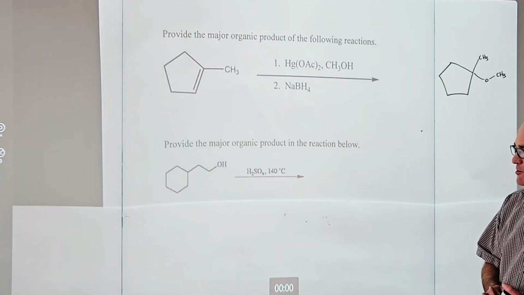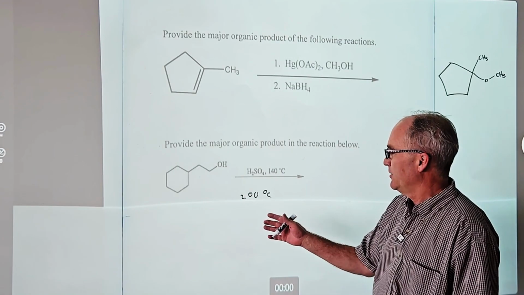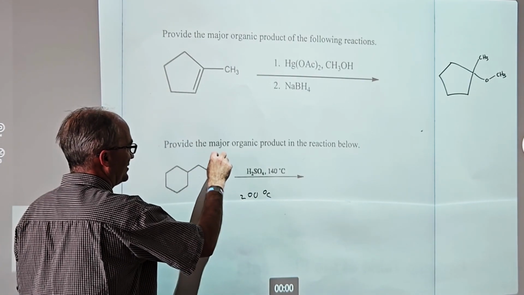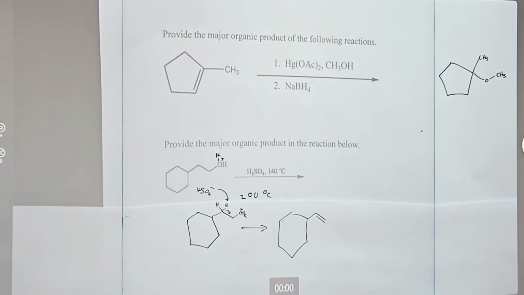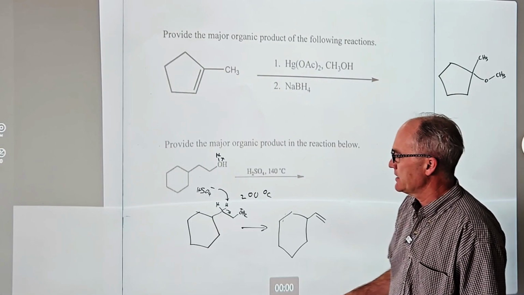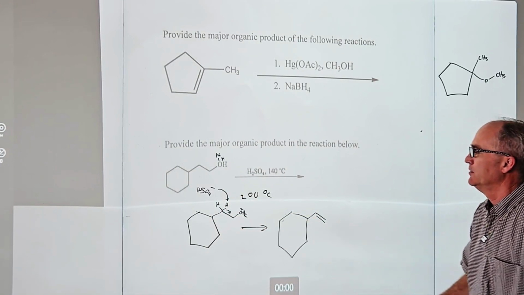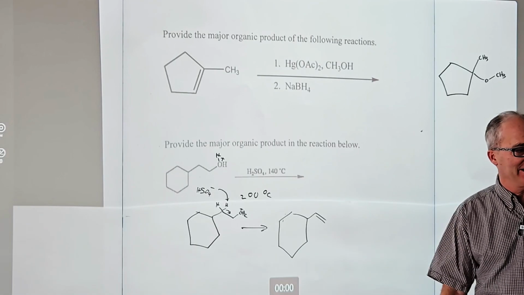What do you think about this question? I'm going to play games with you. I'm going to say it at 200 degrees. Of course, this gets protonated. All right, whatever. So at high temperatures, we get this elimination. This would be acid-catalyzed dehydration of an alcohol to an alkene. But in the ether chapter, under proper conditions, what do you think we form?